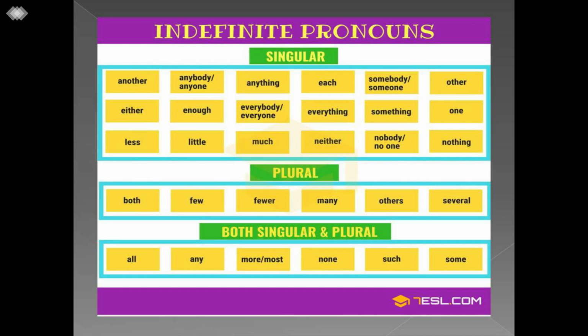We'll take one example, that is few. The example is: few managed to escape unhurt from the fire. In the last, we'll take both the singular and plural form, that is all. The sentence is: all is well. So all these words which are mentioned in front of your screen are called indefinite pronouns.